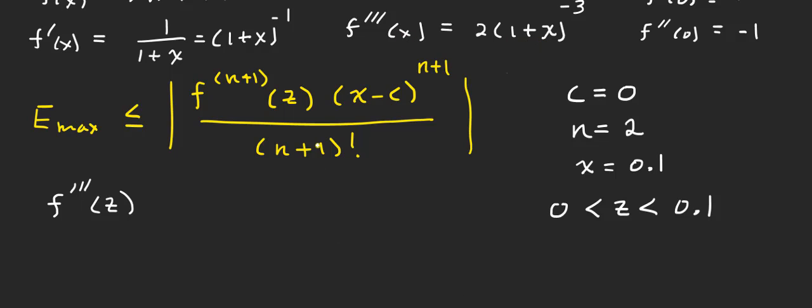And since f triple prime of x is a decreasing function, you know that on the interval from 0 to 0.1, the maximum will happen at 0. So our maximum value of this will happen at the left-hand point, since the function is decreasing. So what is f triple prime of 0? It's going to be 2.